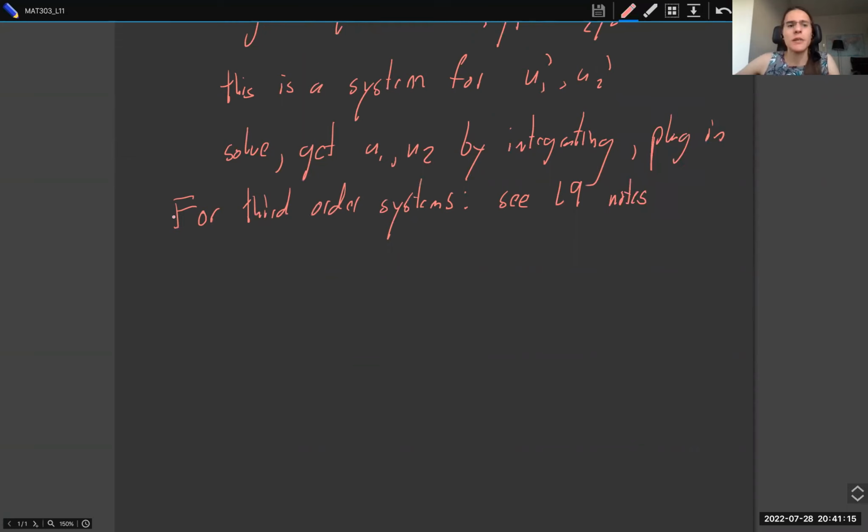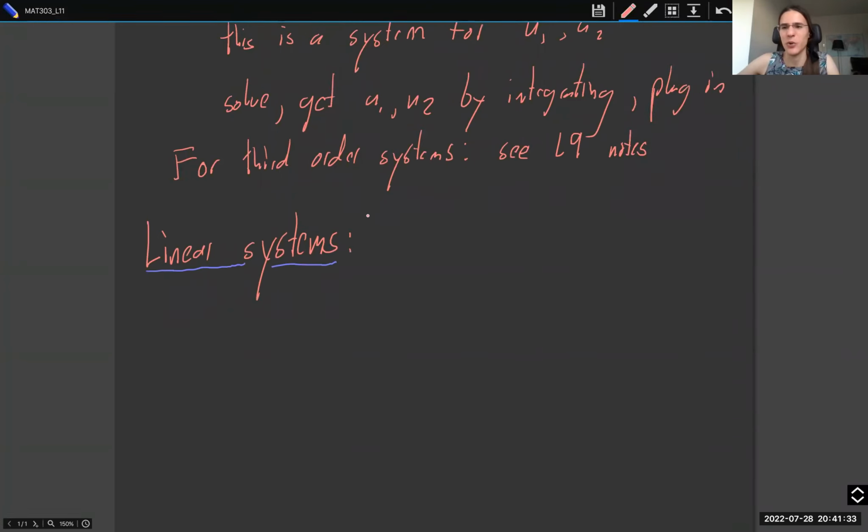And then finally, we get to all of the content about linear systems. And basically, the thing about linear systems is that we're really going to focus on constant coefficient, first order systems.